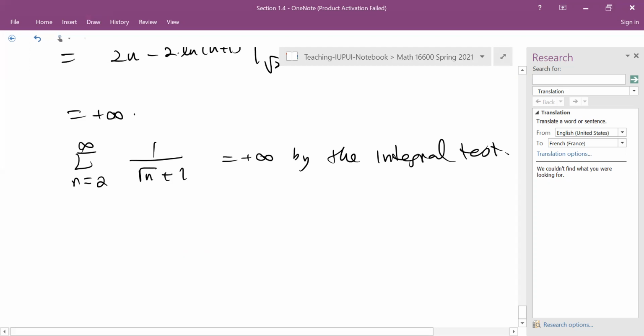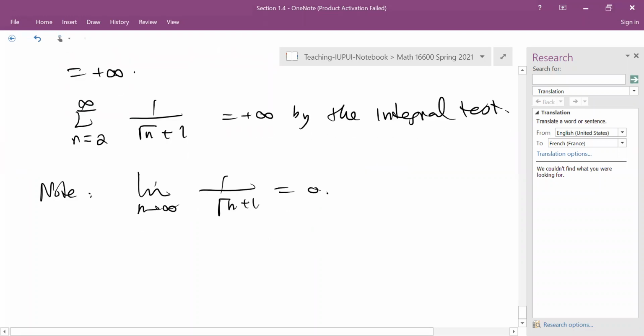Actually it is divergent, right? So I just put a note to that. The limit of the nth term is 0. Okay, so the nth term approaches 0. It's inconclusive. You cannot use this fact to do anything.